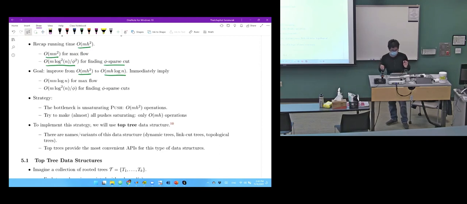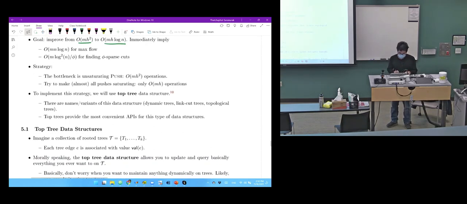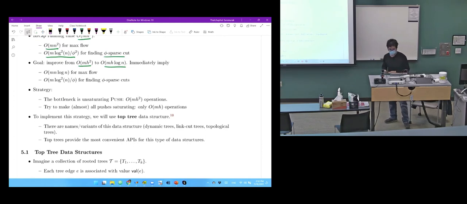But we are off time, so I will just record the video, and you don't need to look at the video before Thursday, because we're going to talk about the local and dynamic version of push-relabel, another advanced technique for push-relabel. But I really want to suggest you look at the video, because dynamic tree is very powerful and you should know about it once.